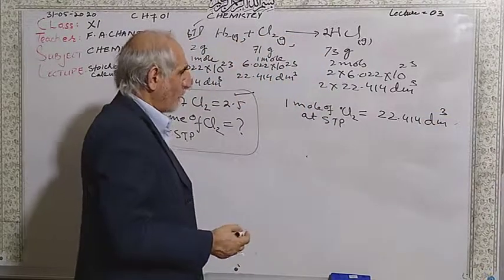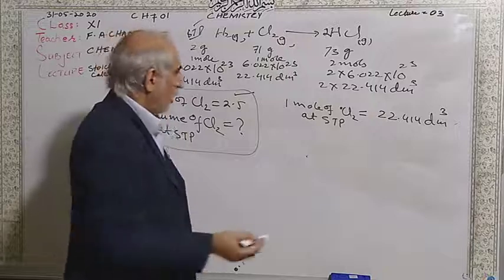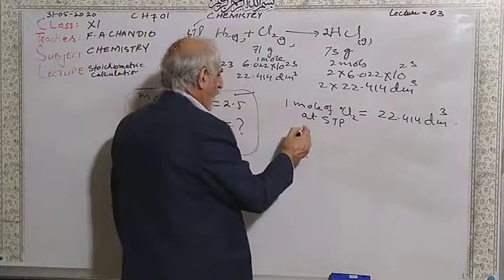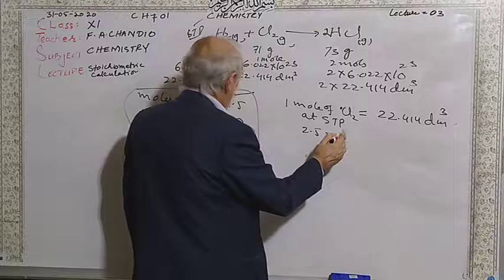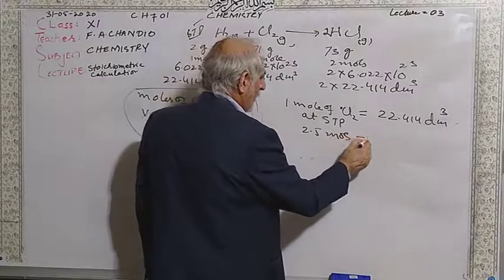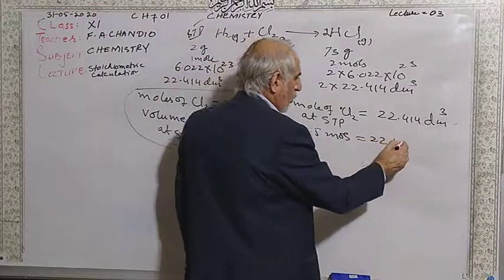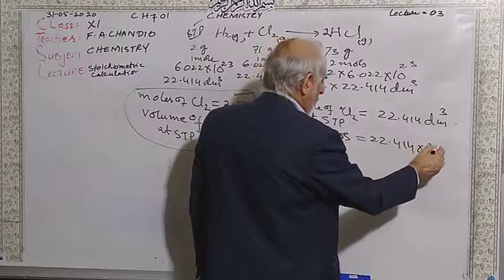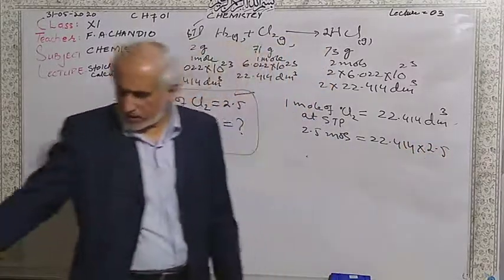And for 2.5 moles, we multiply 22.414 by 2.5, so you will get the answer.